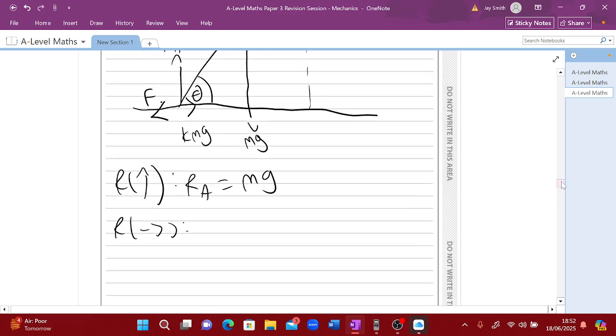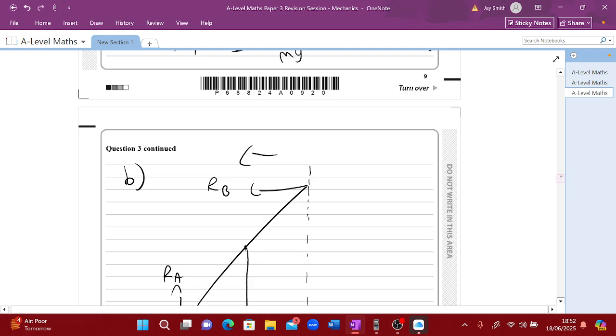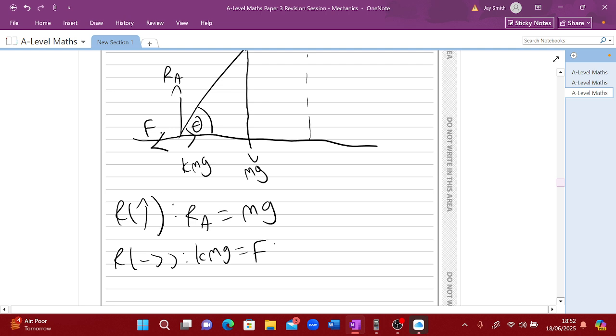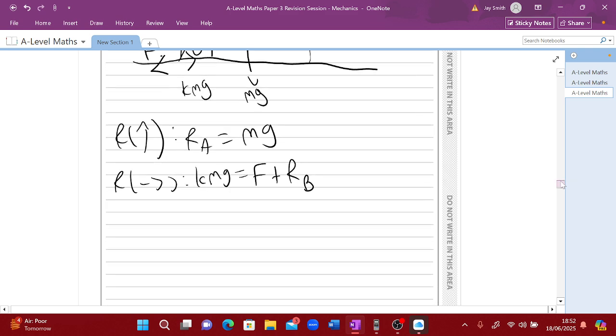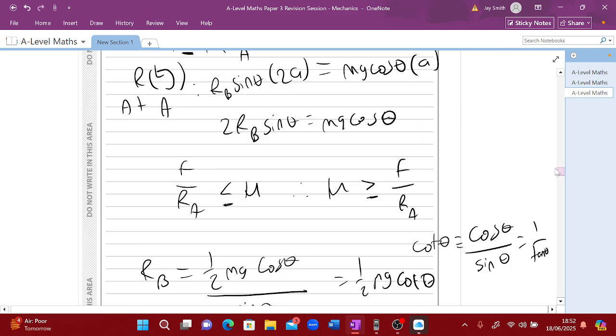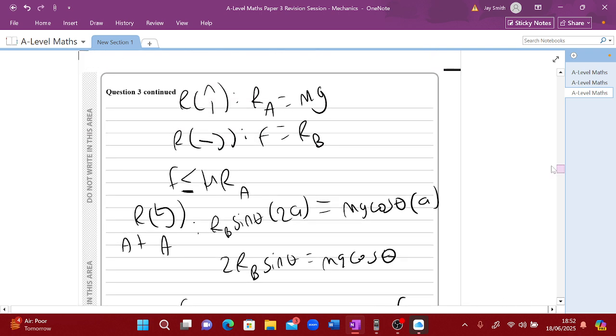And that's really it. So kmg, and then the opposite direction to the left is going to be the friction acting that way, and as does the reaction at B. So that's going to equal F plus RB. And then we can also take moments. And actually, if we're taking a moment at A, that's not going to change.